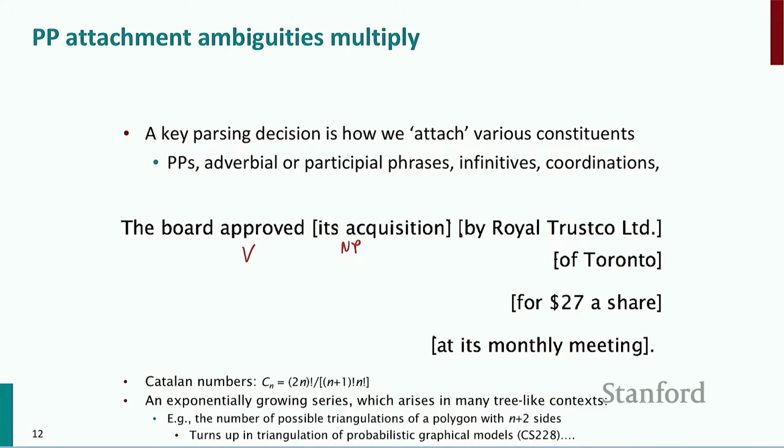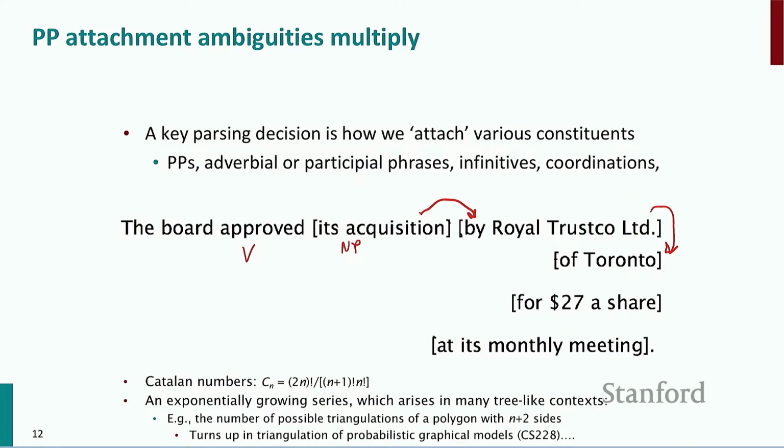So what does by Royal Trust Co. Limited modify? The acquisition, right? So it's the acquisition by Royal Trust Co. Then of Toronto modifies Royal Trust Co. Limited of Toronto.